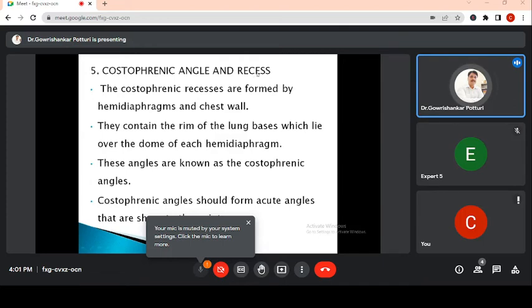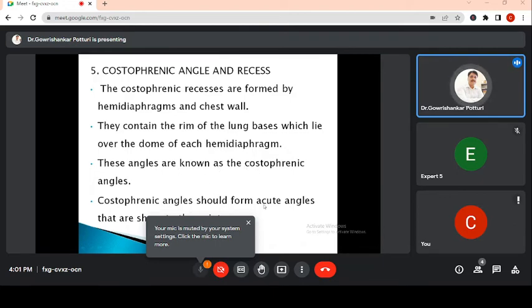Costophrenic angle and recess. The costophrenic recesses are formed by the hemidiaphragms and chest wall. They contain the rim of the lung bases which lie over the dome of each hemidiaphragm. These angles are known as costophrenic angles.